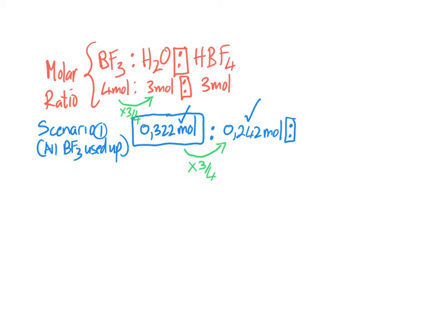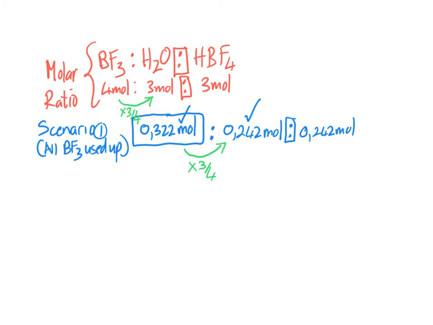Now, if 0.242 moles of water reacts with 0.322 moles of boron fluoride, then the amount of HBF4 produced is going to be in a ratio of 3 moles to 3 moles with water, or 1:1. So that means that 0.242 moles of HBF4 would be produced.